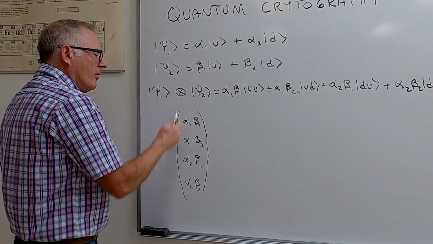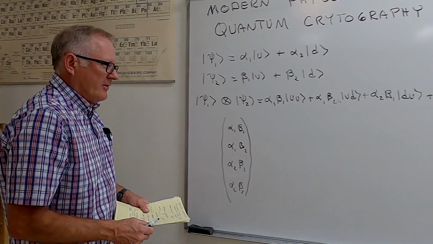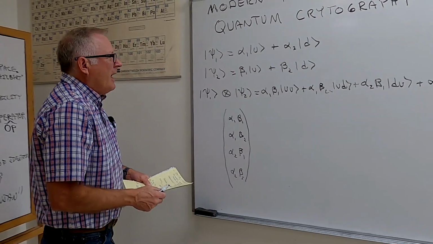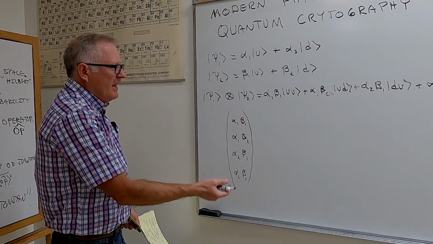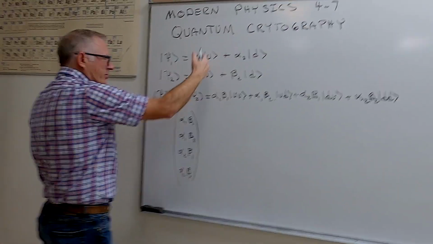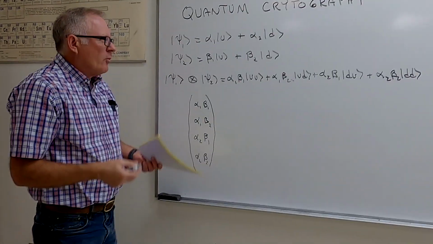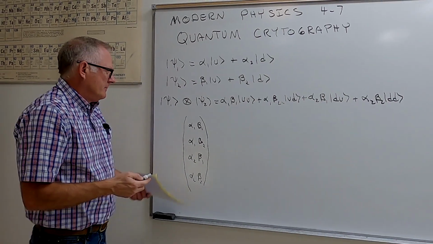Those would have been my four-dimensional column vector. And we called this a product state because we could have factored it back into just the product of the two.